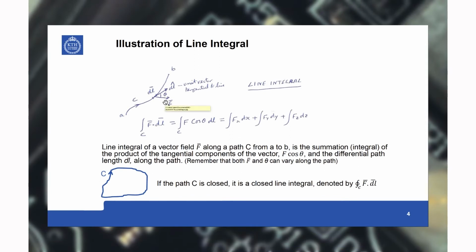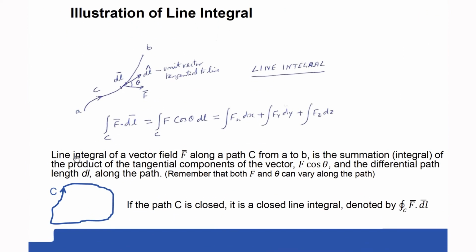Now let's see what is the meaning of the line integral indicated by a path C from A to B of the vector F. It is defined as the line integral of a vector F along a path C from A to B is the summation, that is the integral of the product of the tangential component of the vector, that is F cos theta, and the differential path length dl along the path.